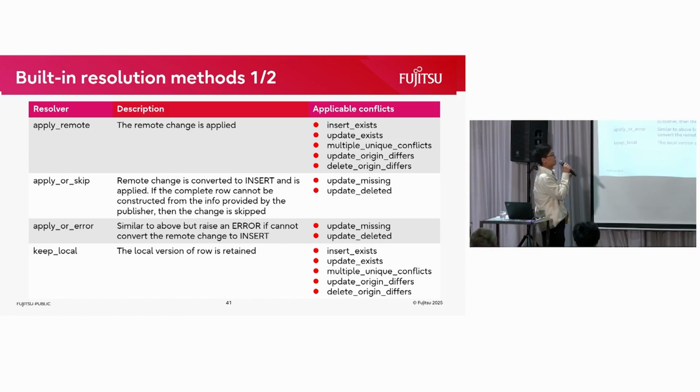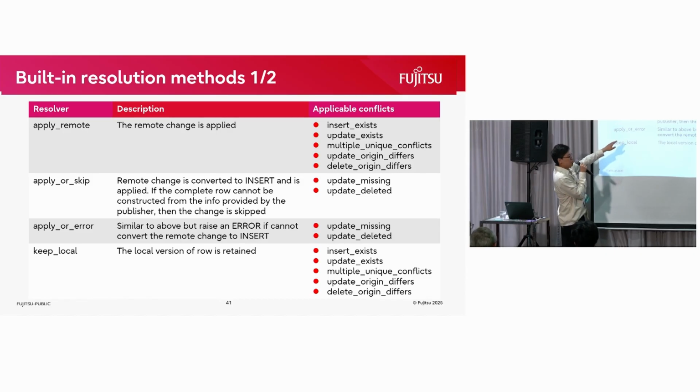But if the complete row cannot be constructed from the info provided by the publisher, then this change is skipped. This is possible because we do not always send all the row information from the publisher. Sometimes if a column value is not changed, we just don't send that information. And in that case, we could not convert our update into an insert. So that's why we need this method.